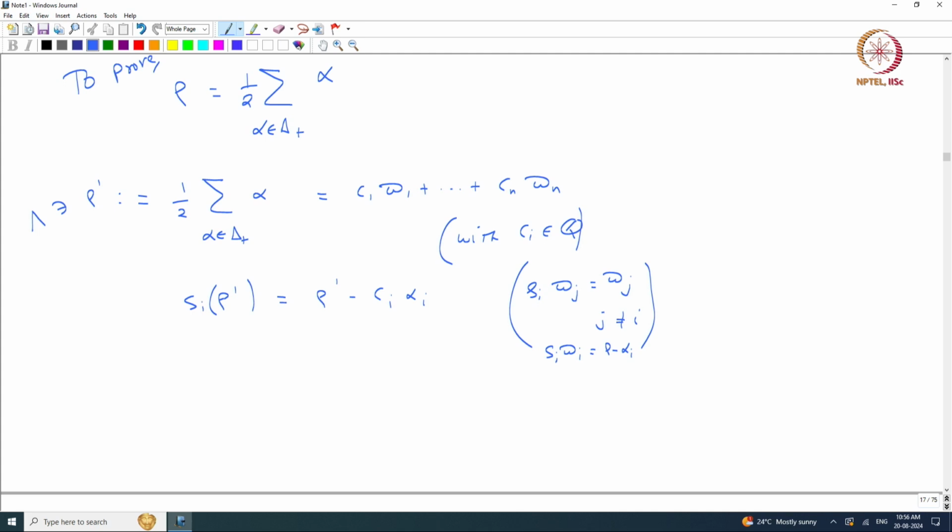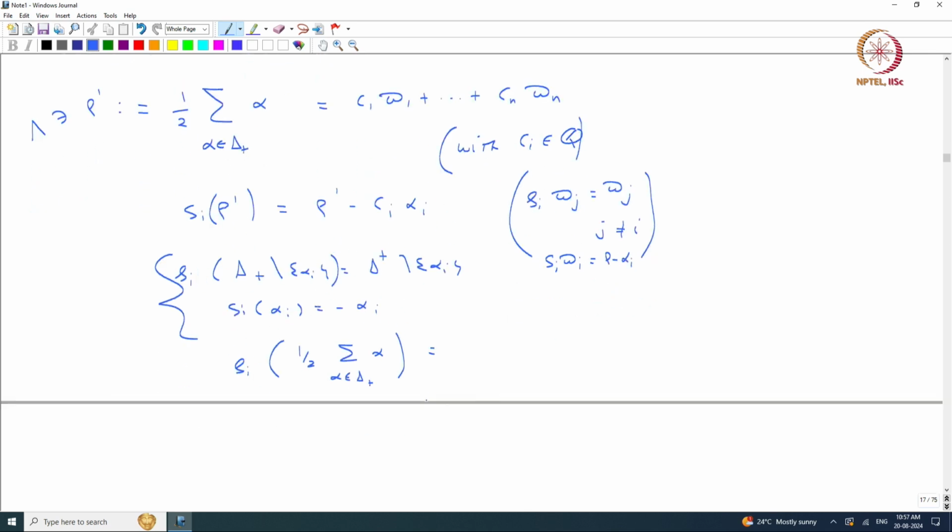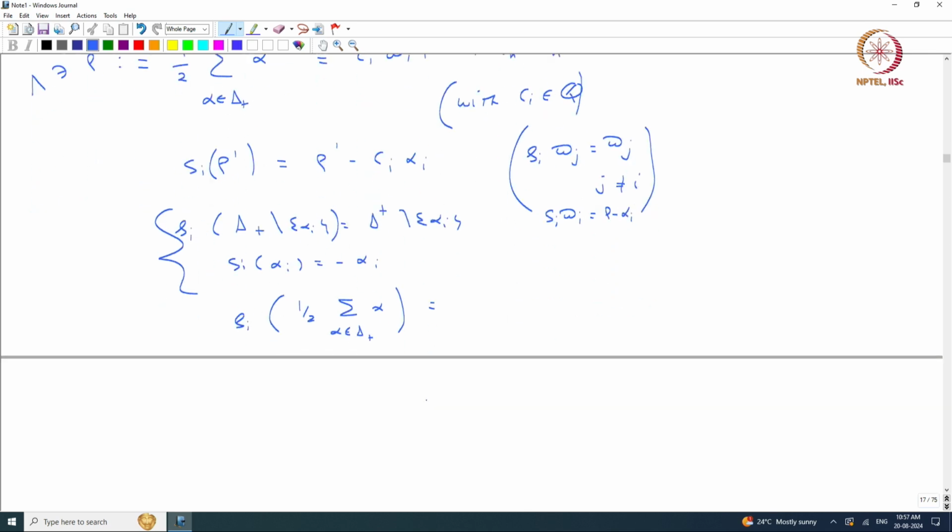So, now if you use that s_i maps delta plus minus alpha_i to delta plus minus alpha_i, and s_i of alpha_i being minus alpha_i, then you can see that s_i of half the summation of alpha in delta plus is going to be exactly equal to, first you just write it as two different sums.